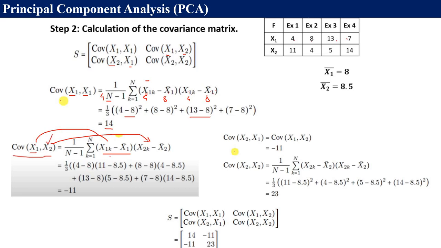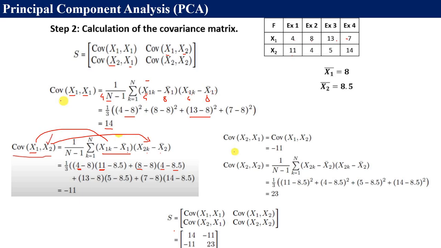For the calculation, x1 is 4 and x2 is 11, so 4 minus 8 and 11 minus 8.5, where x2 bar is 8.5. Then using the same formula, you have to calculate the covariance matrix.